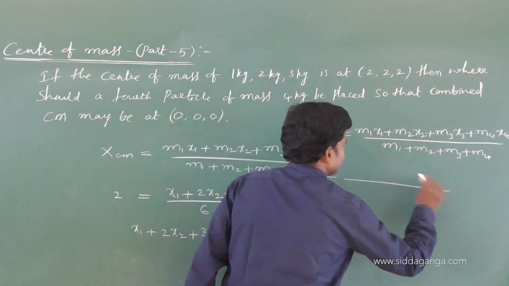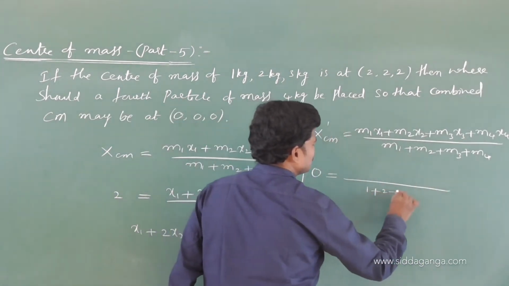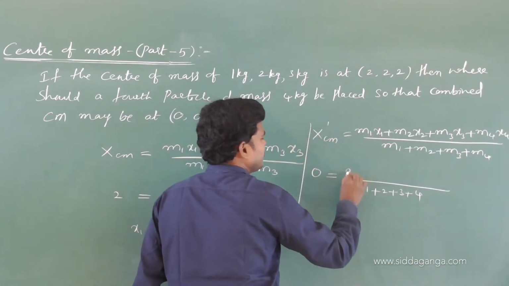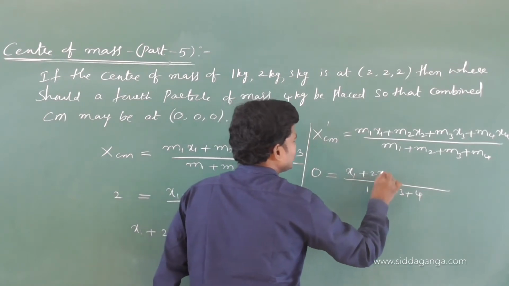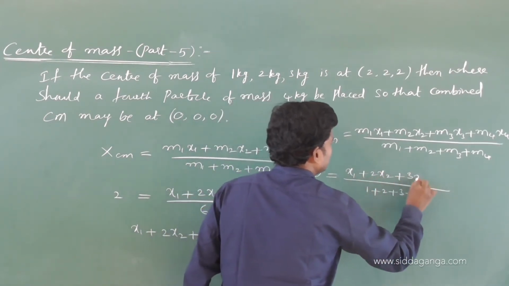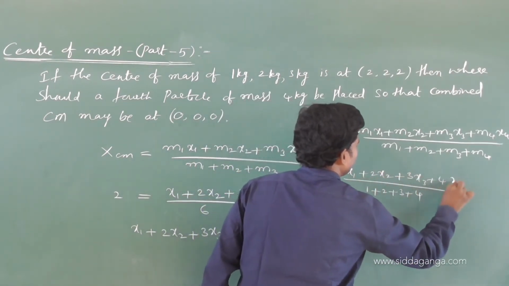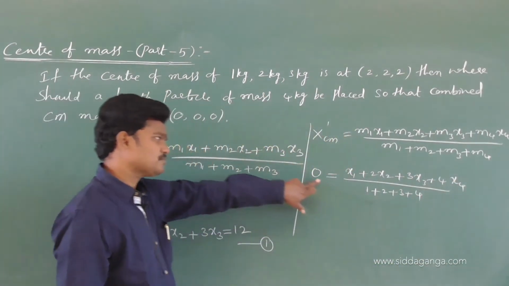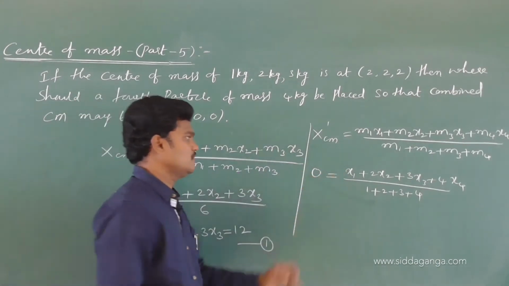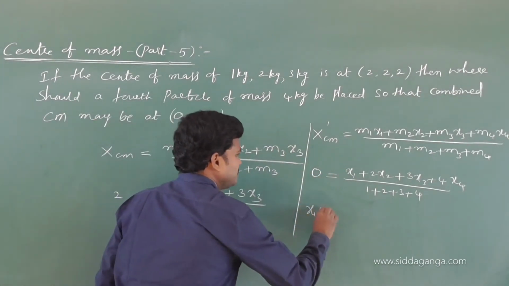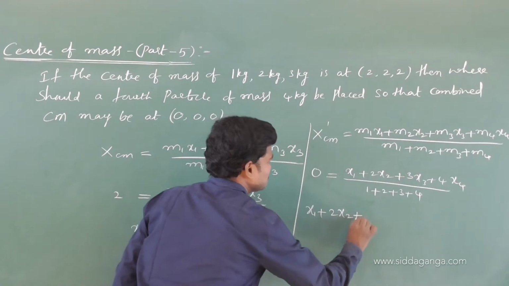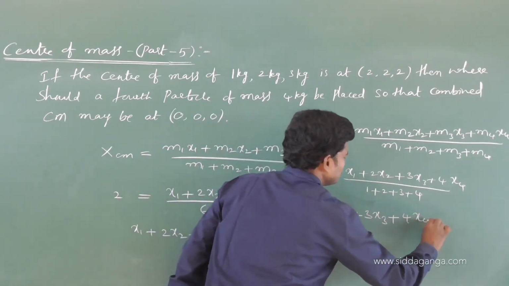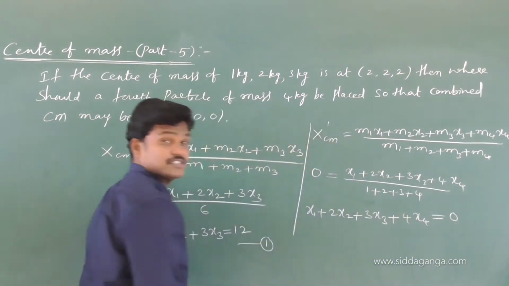So this is 0. And the denominator is 1 plus 2 plus 3 plus 4. The numerator is 1 into x1, 2 into x2, 3 into x3, 4 into x4. Anyhow, this is 0. Now I got x1 plus 2x2 plus 3x3 plus 4x4, which is equal to 0.